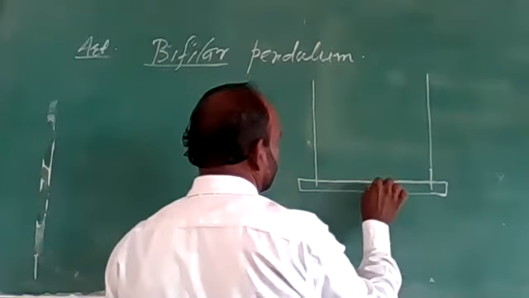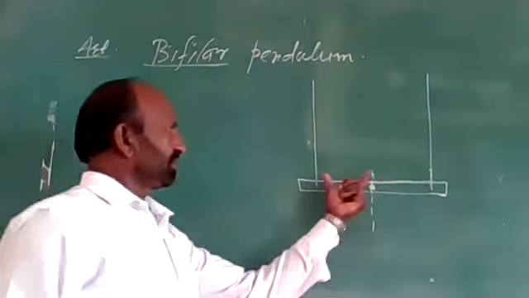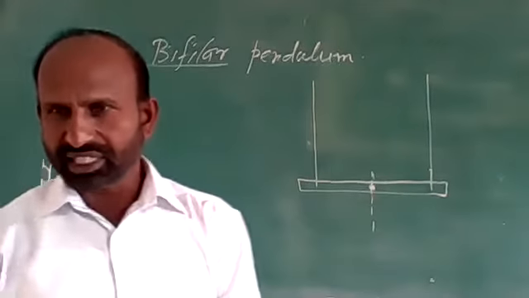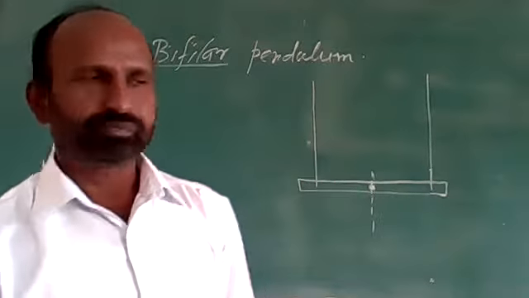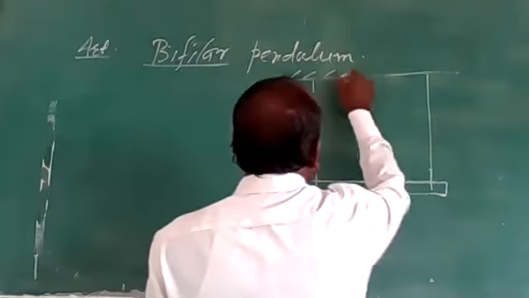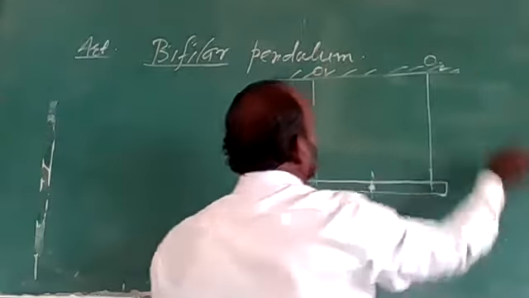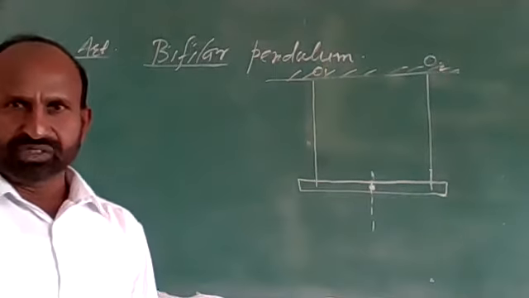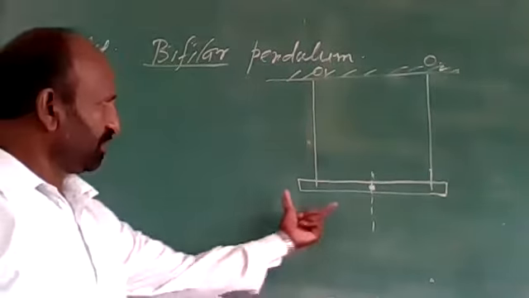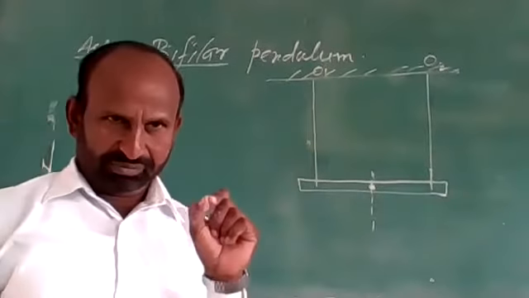If this is the center, then the distance of this thread from this is same as to this. Means these two threads are at equal distance from the center of gravity. And they are fixed at the points of suspension, say O1 and O2. So this system formed is called a bifilar pendulum.